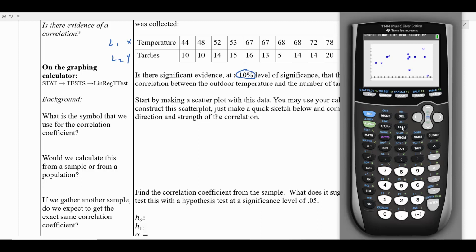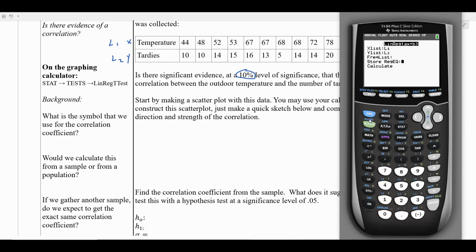All right. So the next thing I'm going to do is I'm going to go to stat, I'm going to go to calc, and I'm going to go to option number 4 here, which is lin reg. It's a linear regression. Okay. And I'm going to, again, tell it that my x values are in L1, my y values are in L2. And then under store EQ, I'm going to tell it to plot the line.